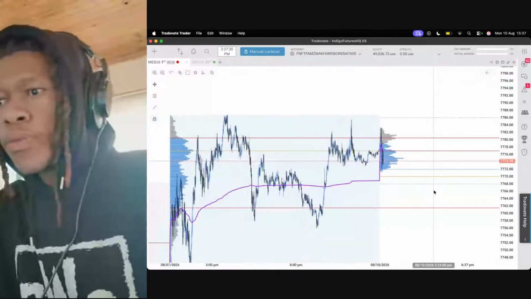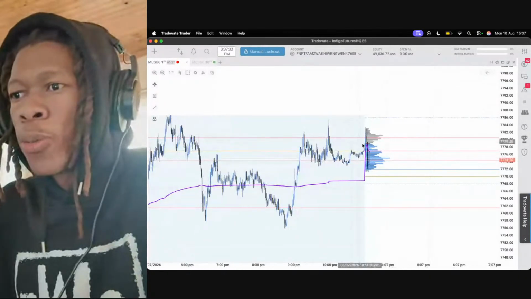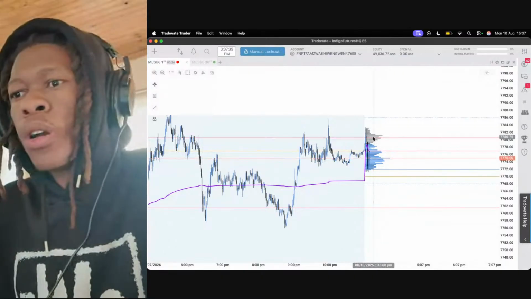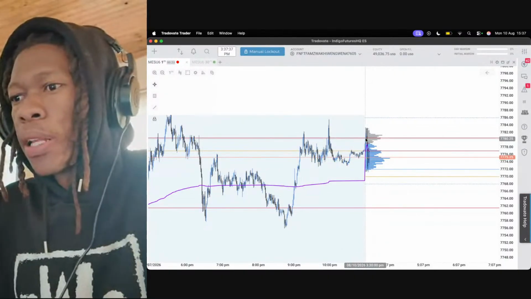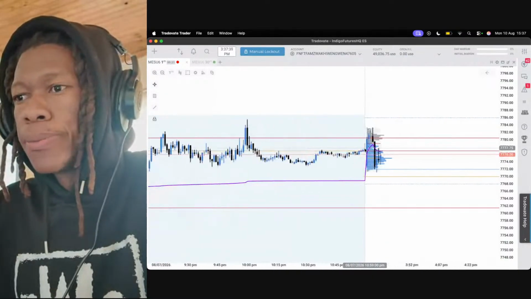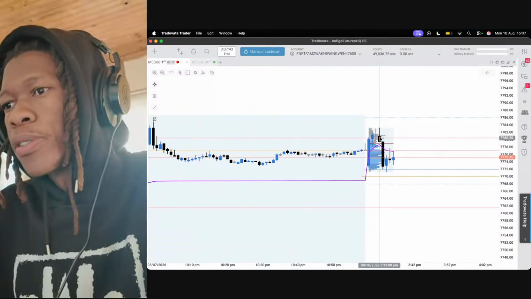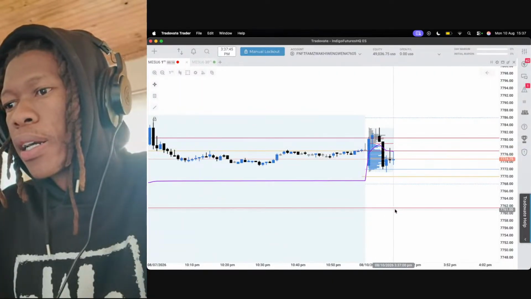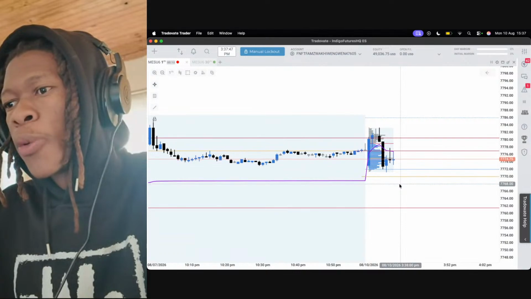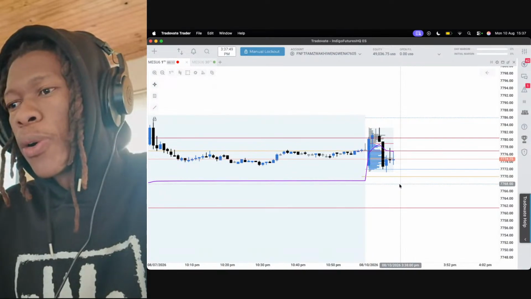All right, so what was I saying? I was saying, look, we opened inside value. It does look like we are trying to play out a little Dalton trade already. So shorts from previous day value area high, just depends on how we hold around overnight value area low, right?